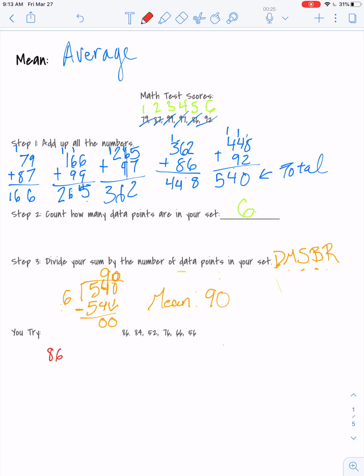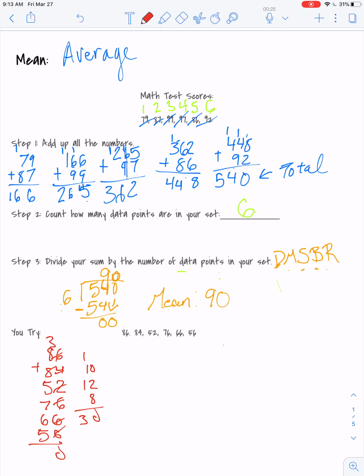We have 86 plus 84, 52, 76, 66, 56. So I have 6 and 4 is 10. 6 and 6 is 12. 2 and 6 is 8. So I have 10. 3, I get 30.